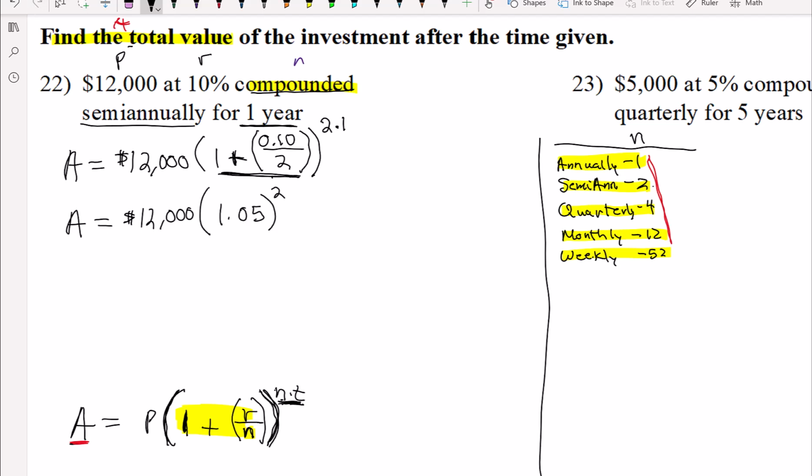Okay, you might have some students say, hey, we could just plug this all the way into the calculator exactly like that, and they would be correct. They could. But for assessment purposes, in case kids get it wrong or they type it in the calculator wrong, I highly recommend simplifying this first.